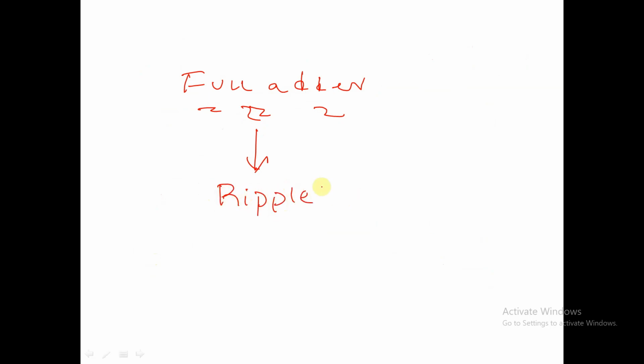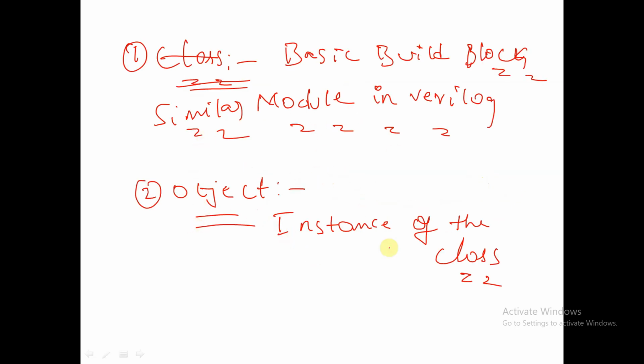Basically, if I write a full adder code, and when we want to use this full adder in our ripple carry adder, then we will instantiate this full adder. So basically, this object is an instance of the class.